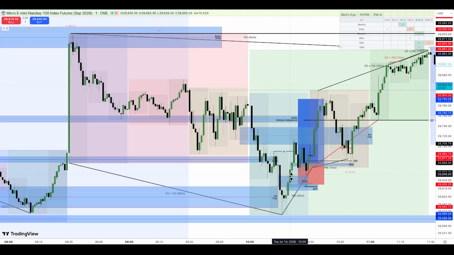Then right after creating this breakaway gap, price closed above this and made this inefficiency into an inversion fair value gap. And then right after two candles, price created a fair value gap.